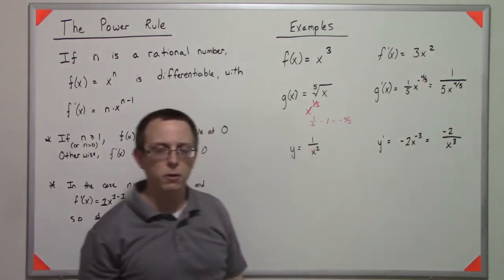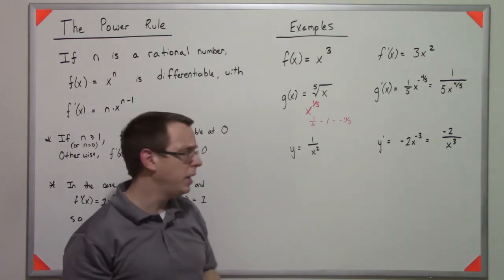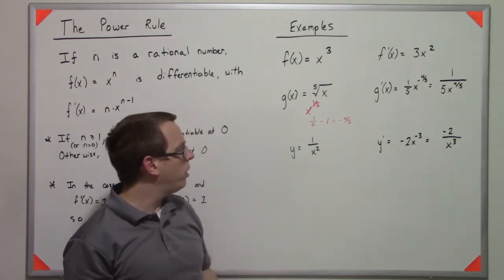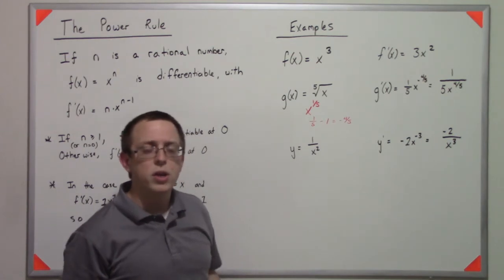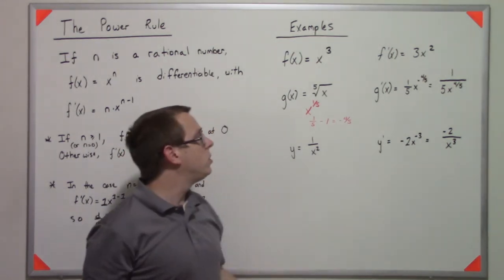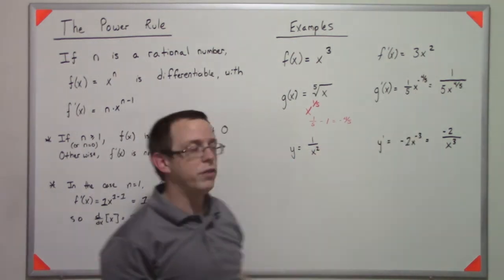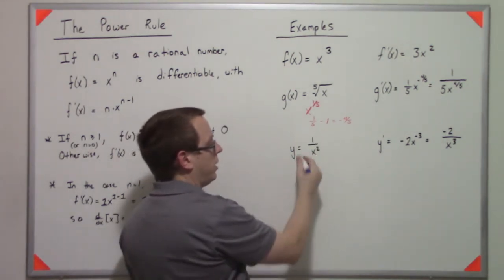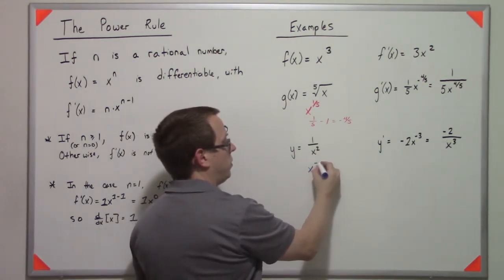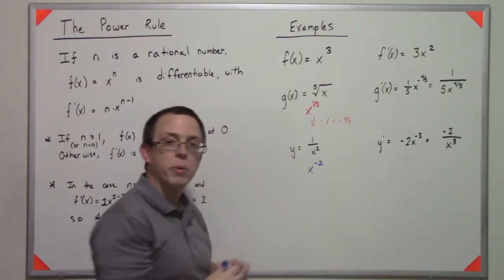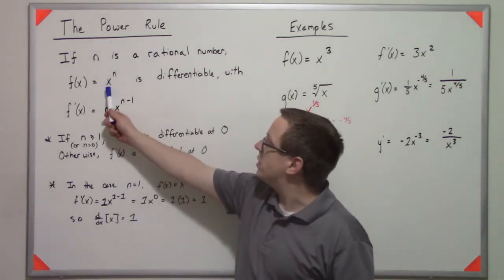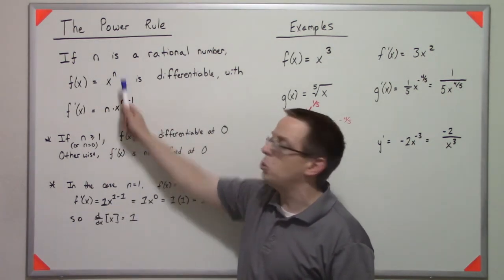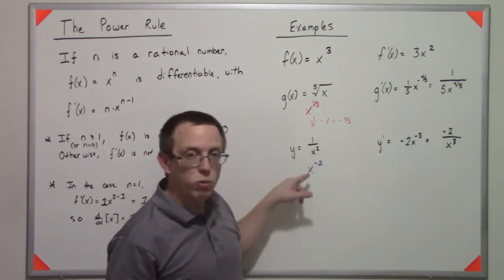Finally, we have this one, 1 over x squared. What might be easier is to think of it the way we thought of the previous one. Instead of writing it this way, we need to write it as x to the negative 2. Remember, this formula only works if it's in the format of x to a power, not 1 over x to a power.